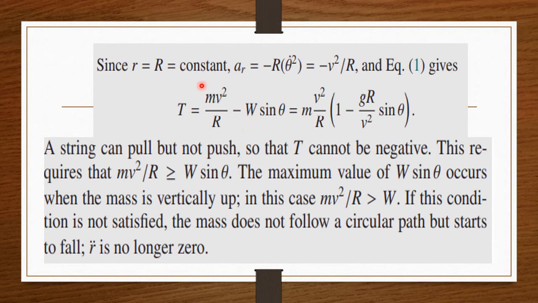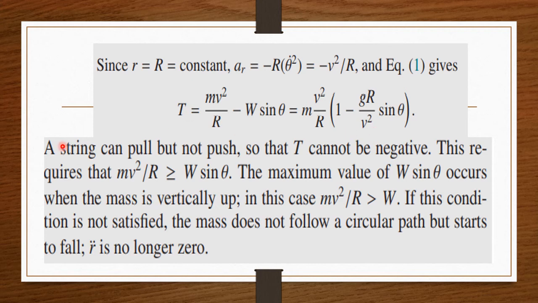So there is an additional term, minus W sin theta, along with the term we dealt with in the earlier example. This is a minus term, so there is a decrease in the value. Taking m v square by r outside, that is 1 minus g r sin theta by v square.